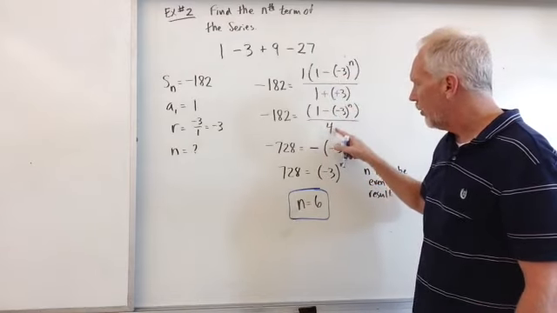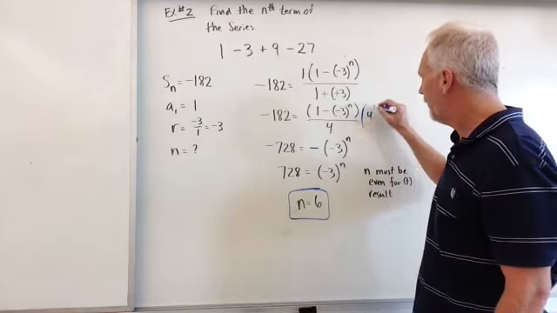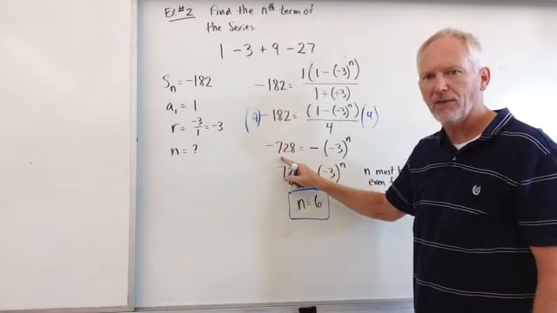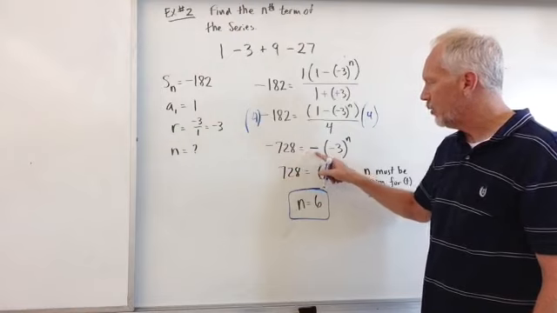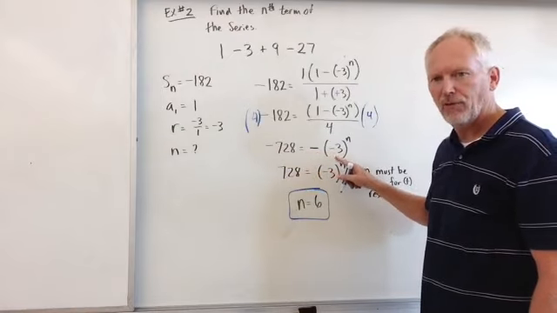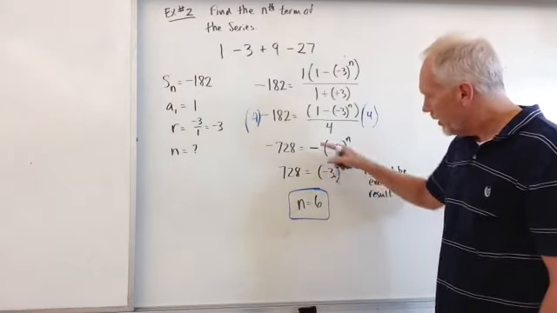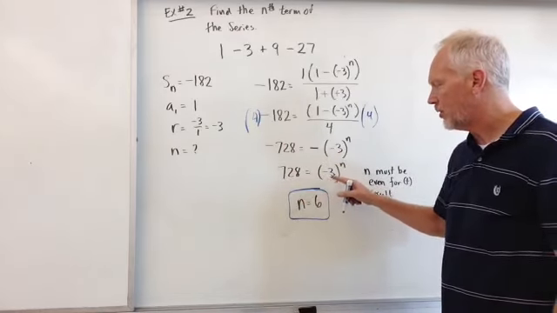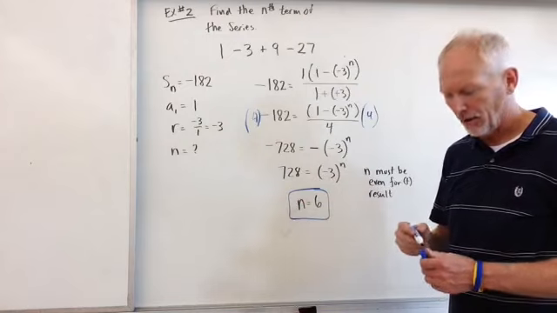Now we multiply each side by 4, and we get negative 728 is equal to negative 3 to the nth power. Divide out your negatives, and you get positive 728 is equal to negative 3 to the nth power.